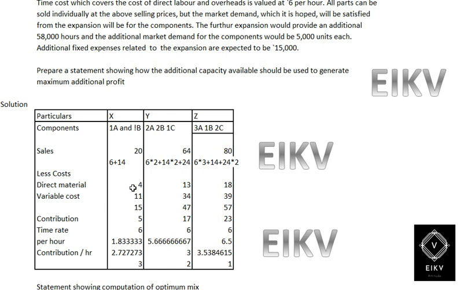Direct material 4, 13 and 18. Variable cost 11, 34 and 35 as mentioned, calculated like sales.